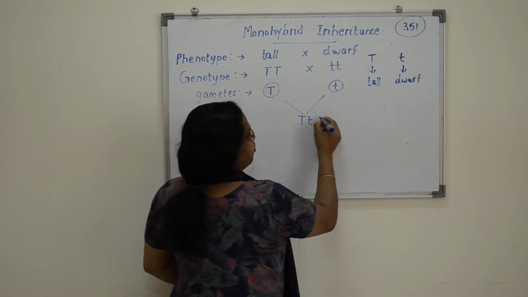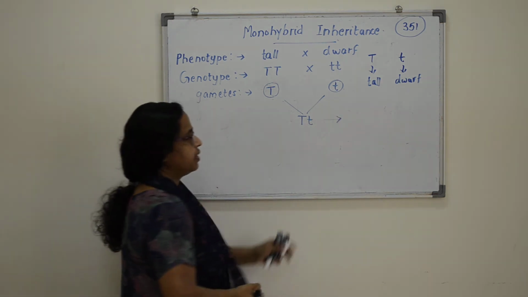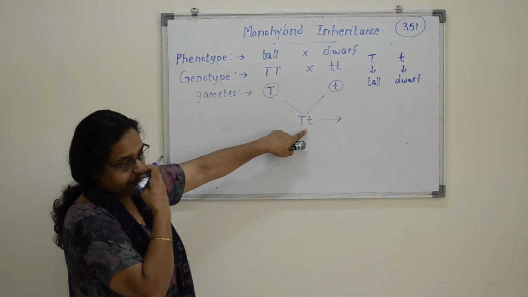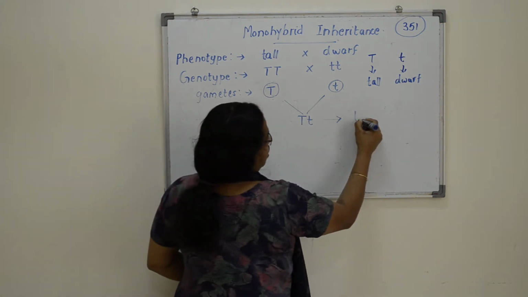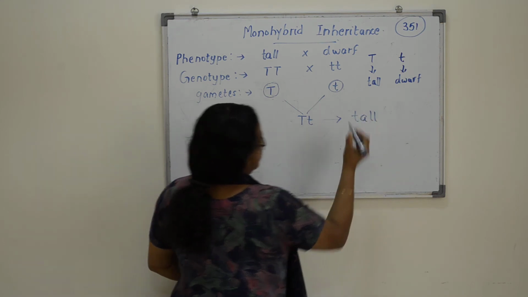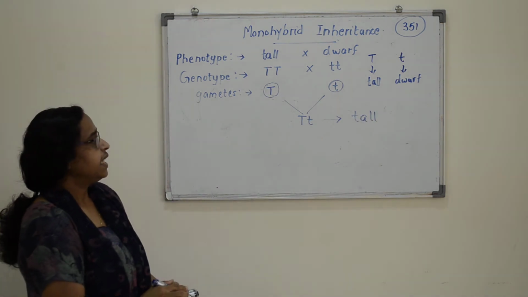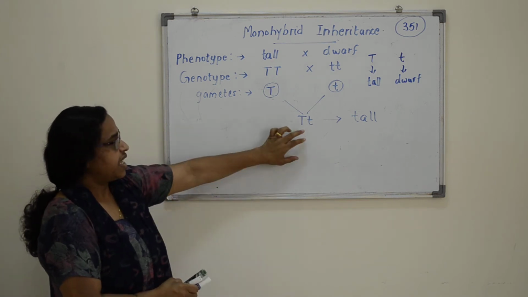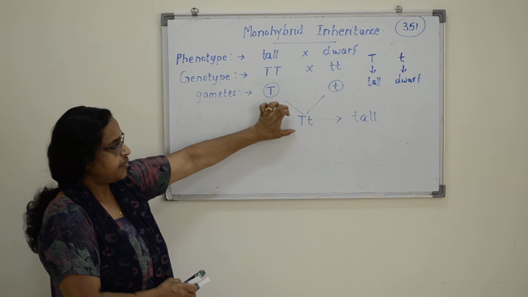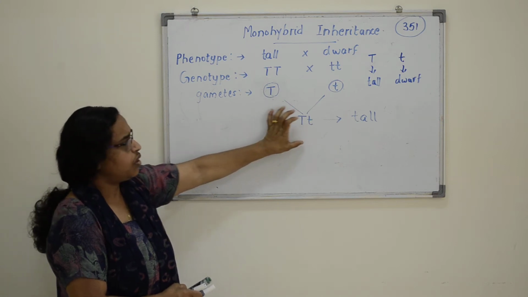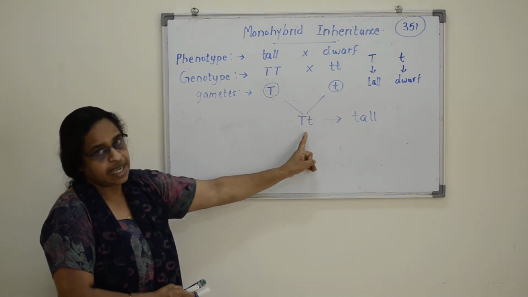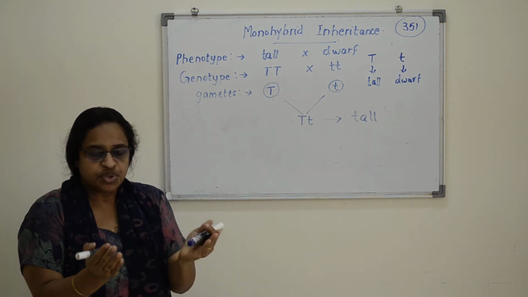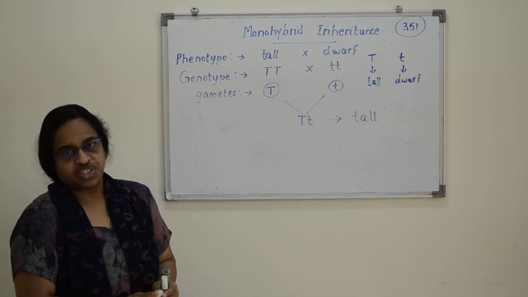So for all the F1, the genotype is capital T, small t, and the phenotype is tall. Okay. Then he selected this first progeny. That means all of them have the genotype capital T, small t, and then he allowed them to undergo self-fertilization.